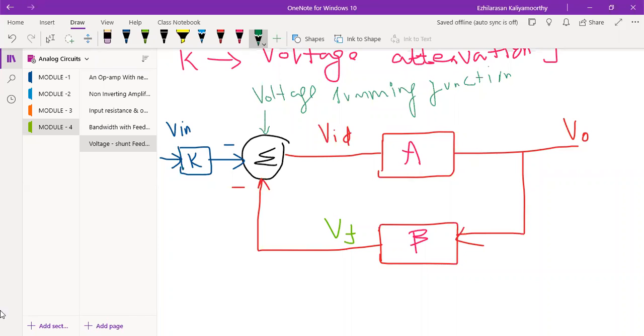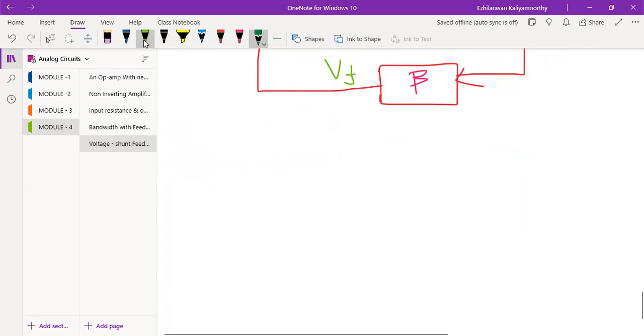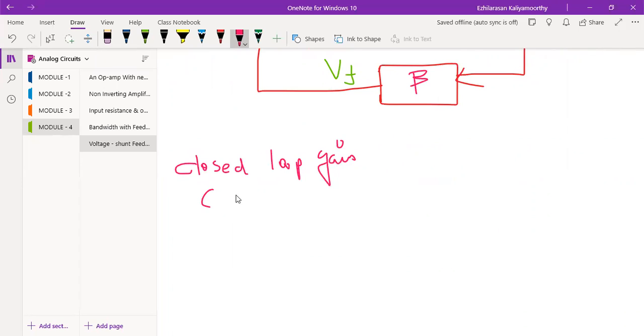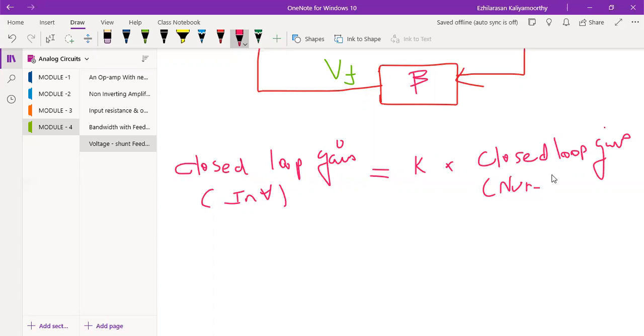The definition I can write here: the closed loop gain of the inverting amplifier is equal to K times the closed loop gain of the non-inverting amplifier.